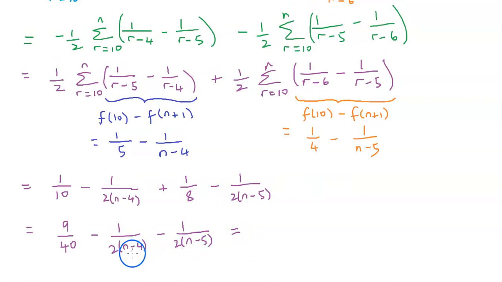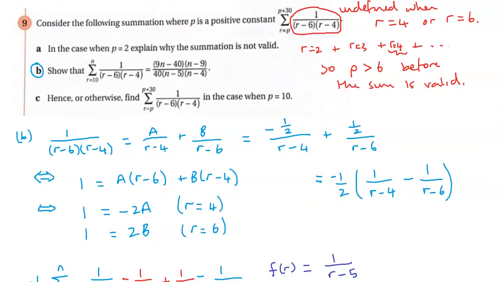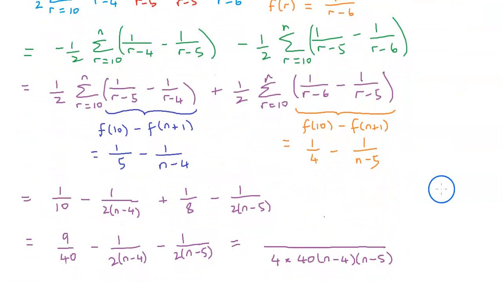So, we multiply everything together for the denominator. That's clearly going to be 4 times 40 times n minus 4 times n minus 5. And I think it was supposed to be 40 times something on the bottom. So we should end up with some multiple of 4 on top. So the first term on the top is going to be, well, 4 times 9 times n minus 4 times n minus 5.